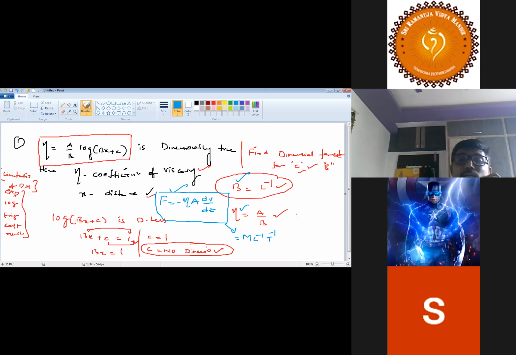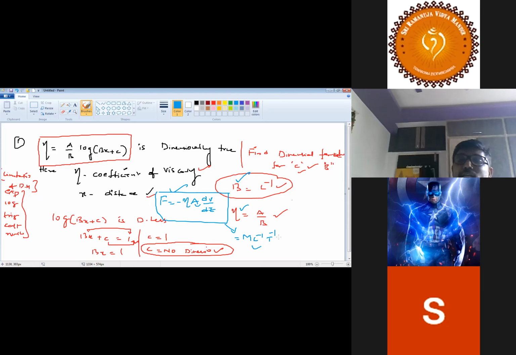F is M L T power minus 2, and dv by dz, this is not t, it is dv by dz. A is meter square. So you solve it, and you get M L power minus 1 T power minus 2.